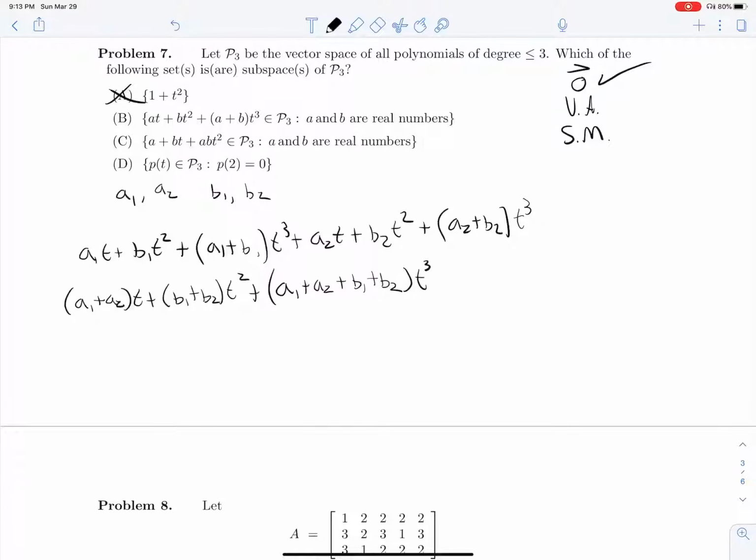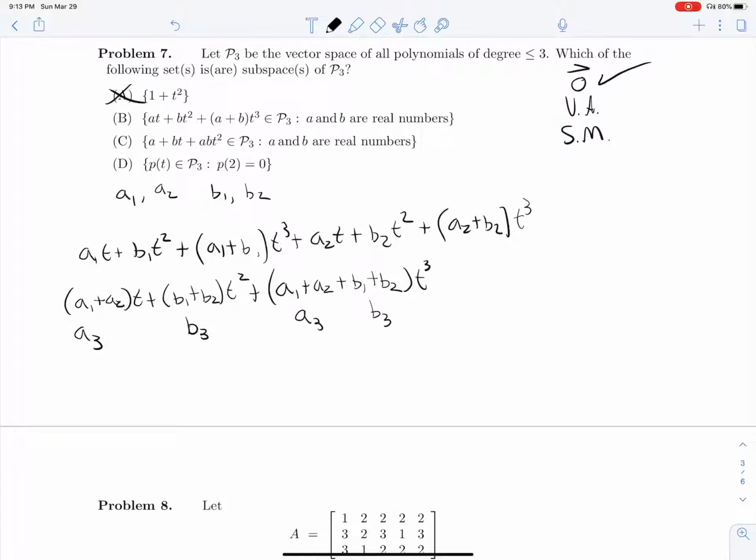And looking at this closely, we see that A1 plus A2 we could just express as another value A3. This can be a B3, and over here, A3 and B3.